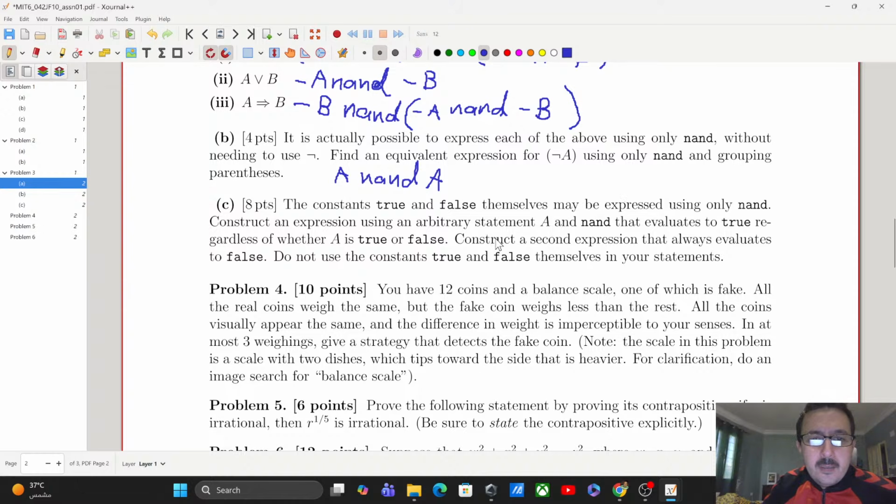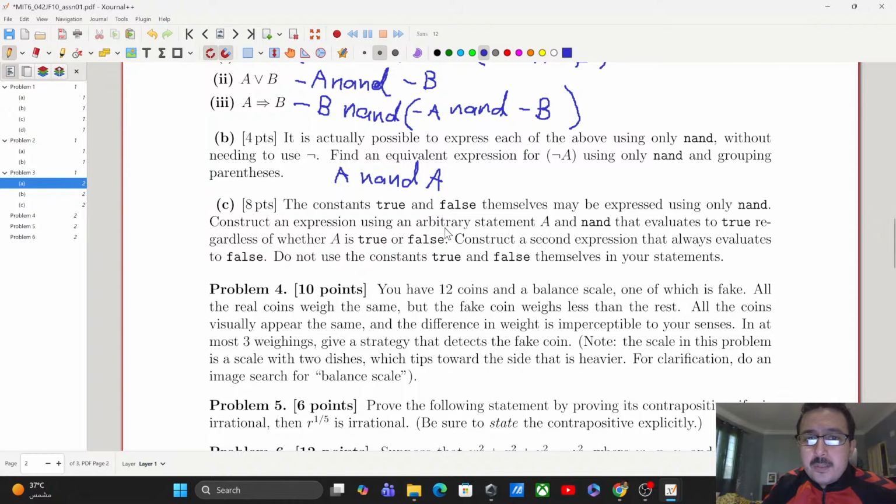Wait, what? The constants true and false themselves may be expressed using only NAND. Construct an expression using an arbitrary statement A and NAND that evaluates to true regardless of whether A is true or false.